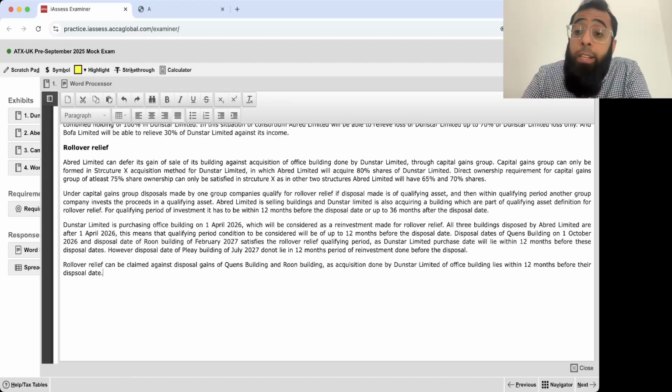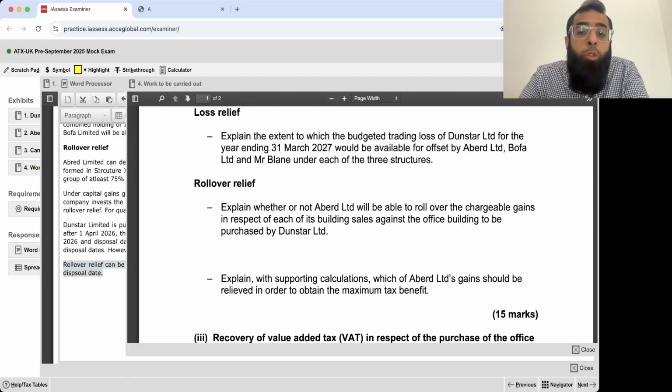Or you can simply say qualifying period, because we have already explained all of that. So we have identified that yes, rollover can be claimed against the Queen's building and the Rune building.